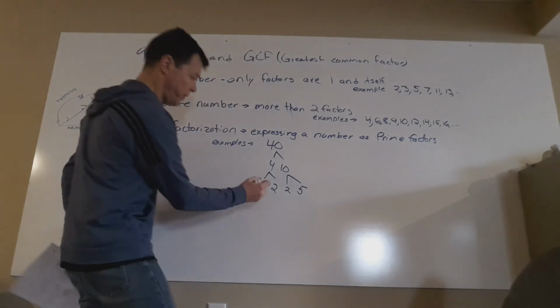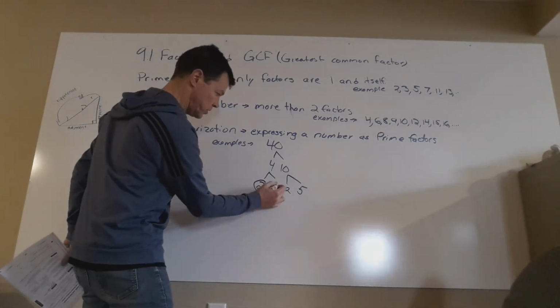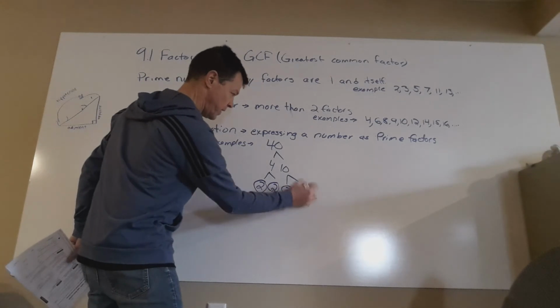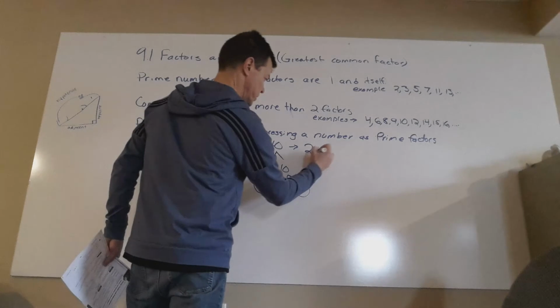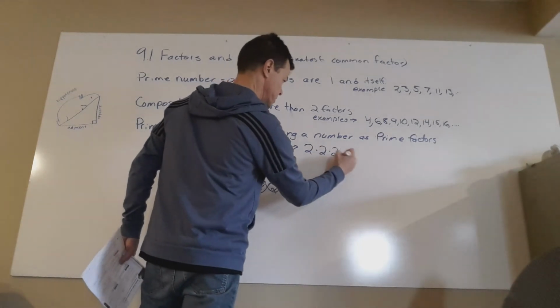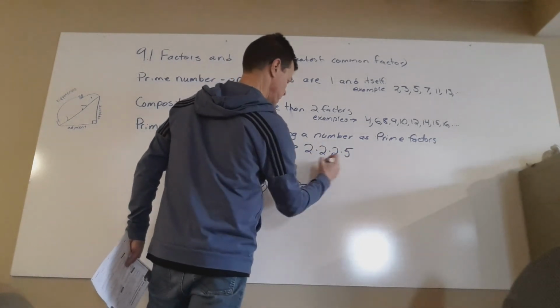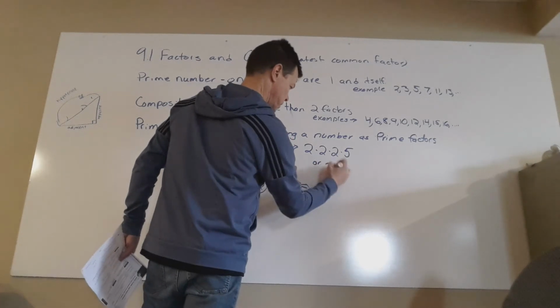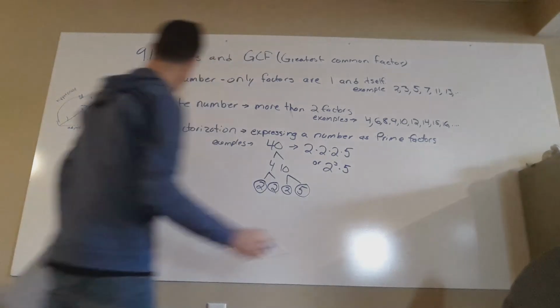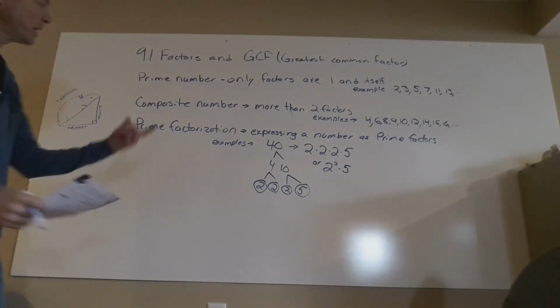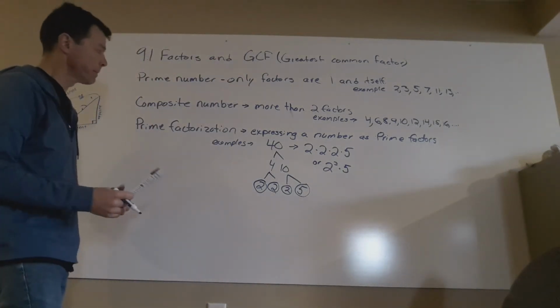So all your prime factors of 40: 2, 2, 2, and 5. And to express this, you would have 2 times 2 times 2 times 5, or 2 to the third times 5.